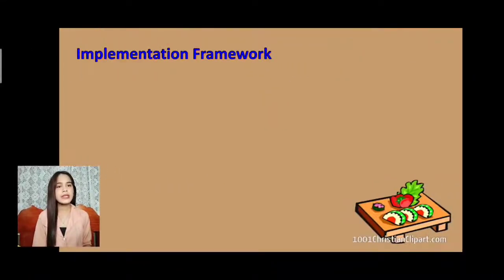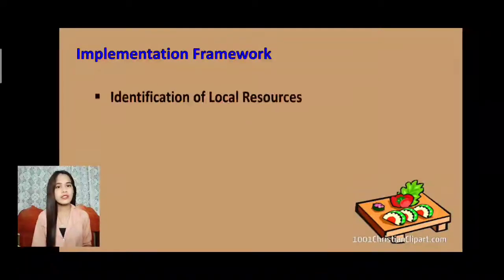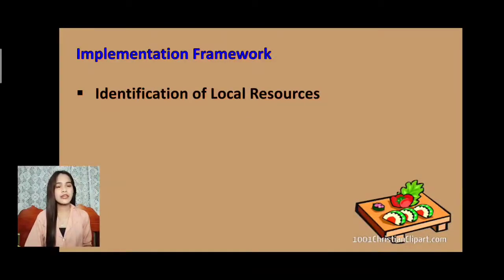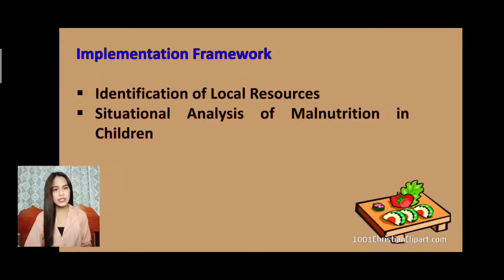Next, we have the implementation framework. First, the identification of local resources, which will include the village health community, health volunteers, and the barangay health workers. Next one is a situational analysis of malnutrition in the children. We will conduct a baseline nutrition survey and a focus group discussion.